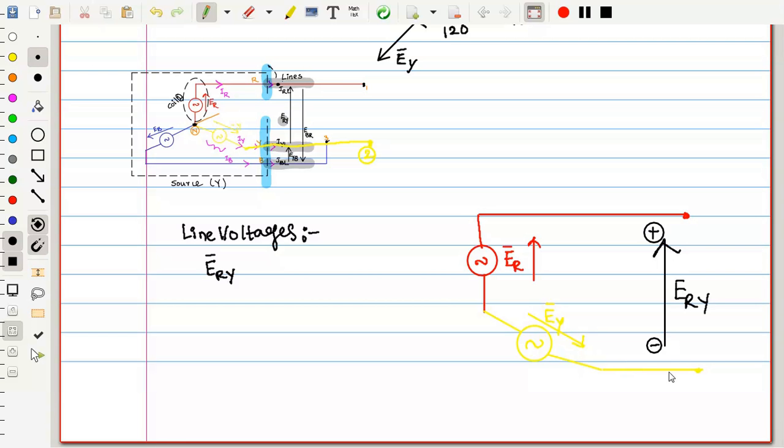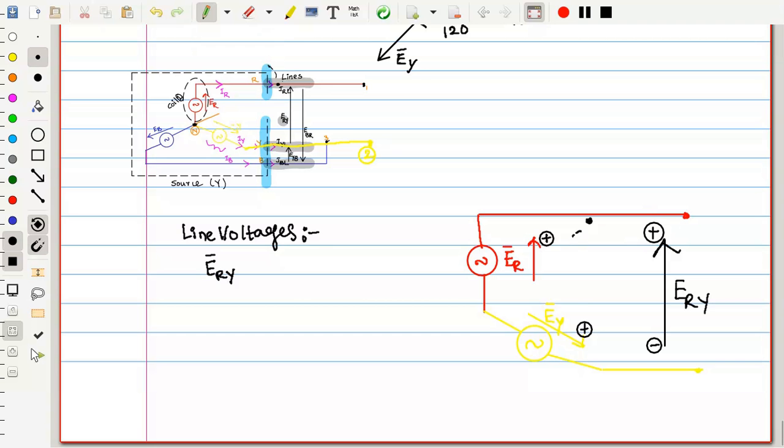Now simple Kirchhoff's voltage law. I want ERY. Can I write plus ER minus EY? Why? Because this arrow is pointing plus, this arrow is pointing plus. Are you getting my point?